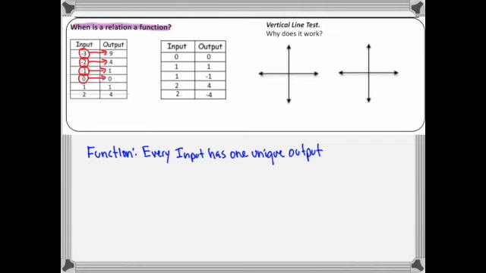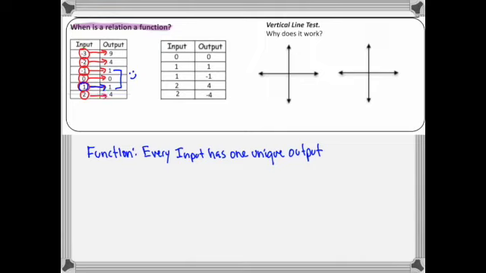Now, this is where students get confused. I can plug in 1 and get out the same value that a -1 would get, and that's fine, okay? As long as I'm plugging in 1 and getting just one number out, I'm okay with that, and that still satisfies the definition of a function.